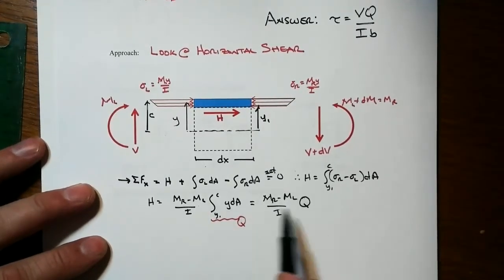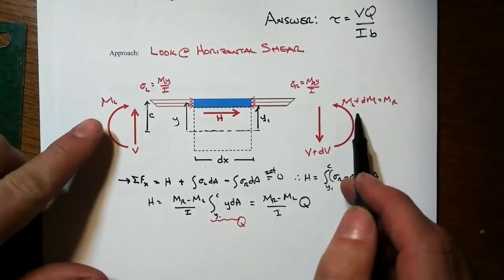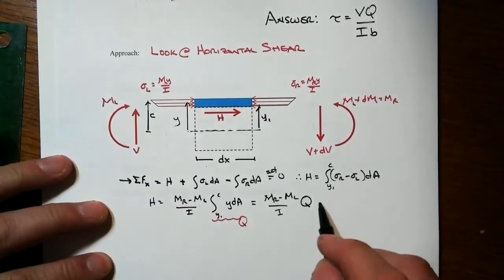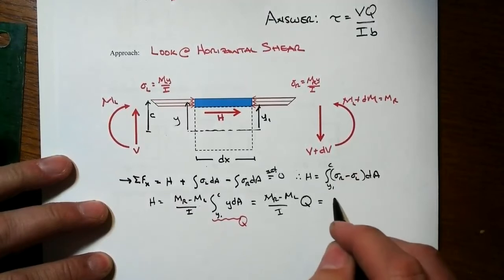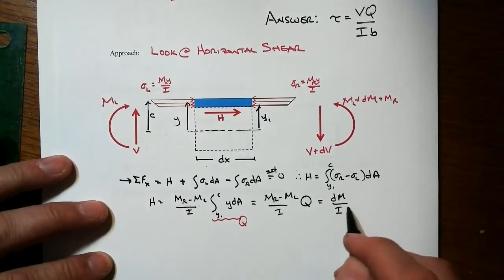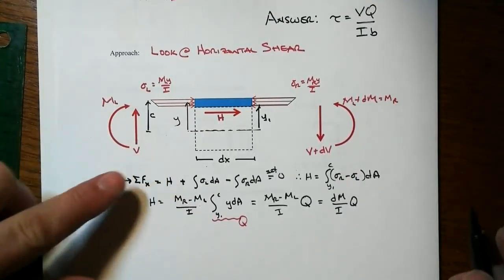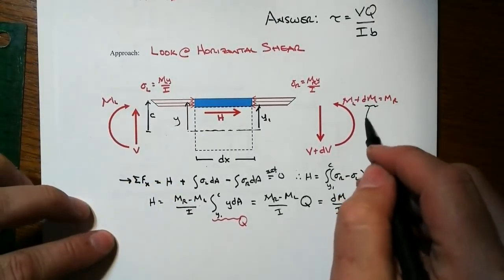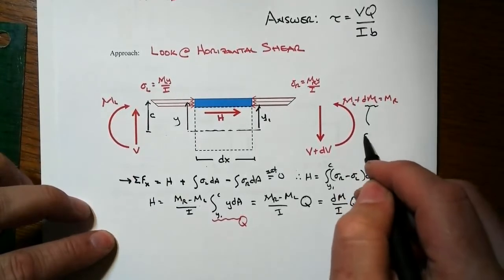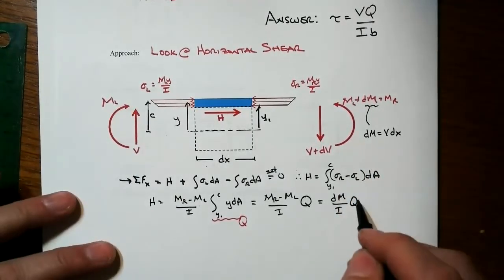Okay, so this is all just from equilibrium. Now, mr minus ml, well, that's just the difference between the moments on the left and the right, and that's going to be given to us by dm, or if you prefer, make it delta m. But now we get something even more special, because remember, the rate of change of the moment is dm dx equals v, or dm is equal to v times dx.